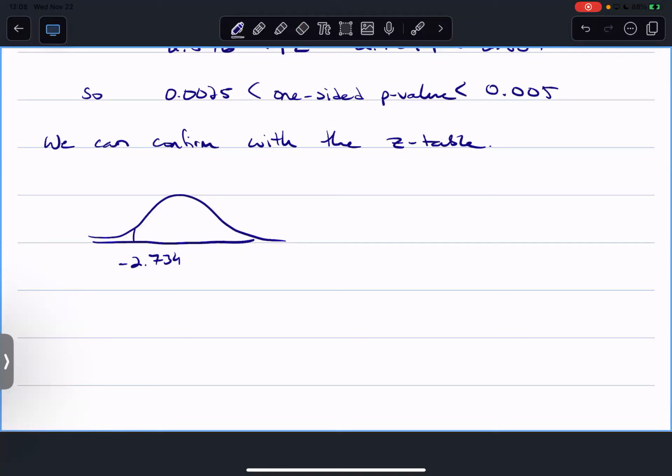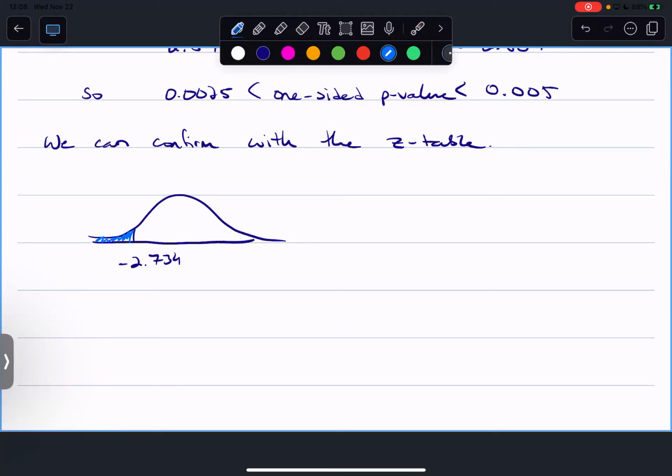A one-sided p-value is going to be the area in the tail. It's always the area in the tail, but if it's negative, it's in the lower tail. And if my Z is positive, it's the area in the upper tail. And if it's two-sided, I have to find the area in whatever tail I'm in and multiply it by 2.